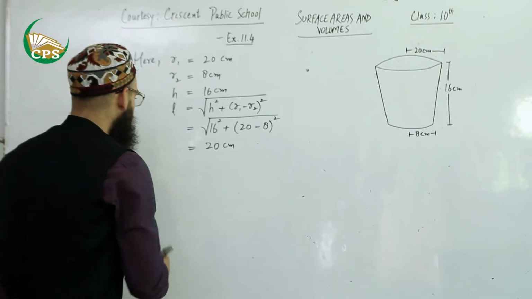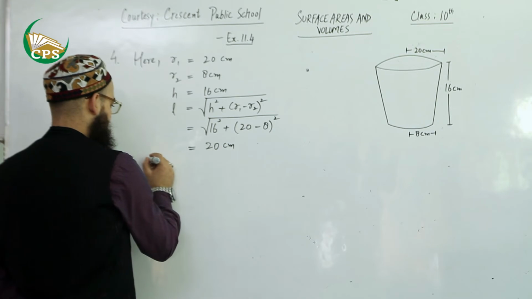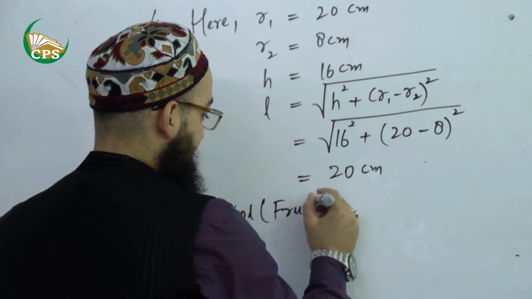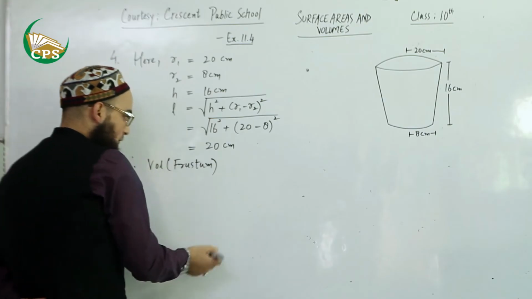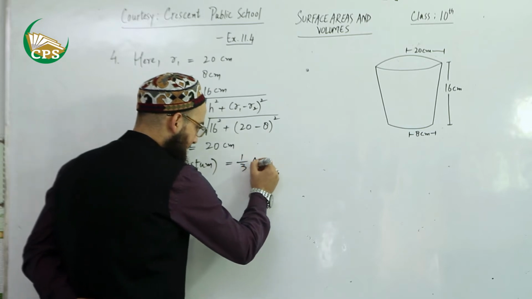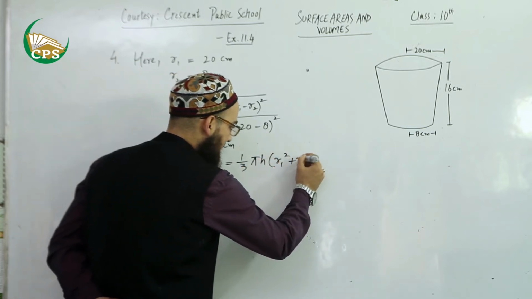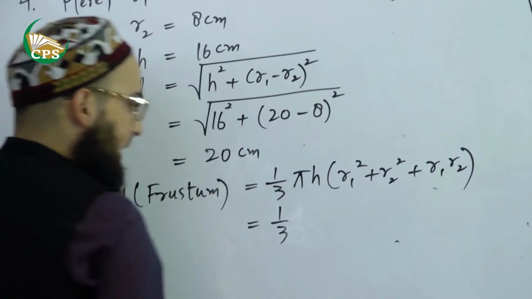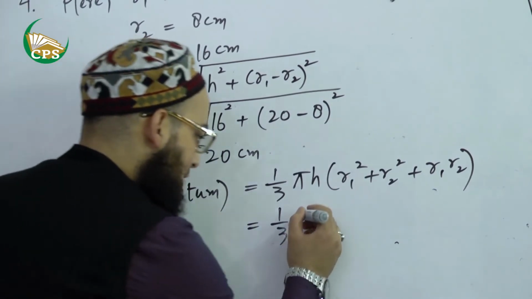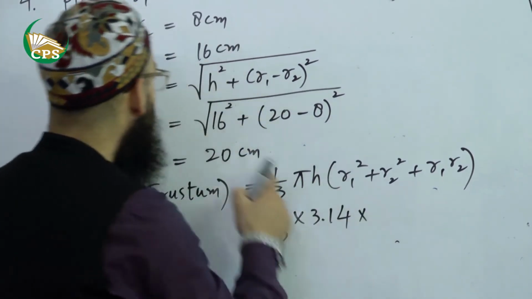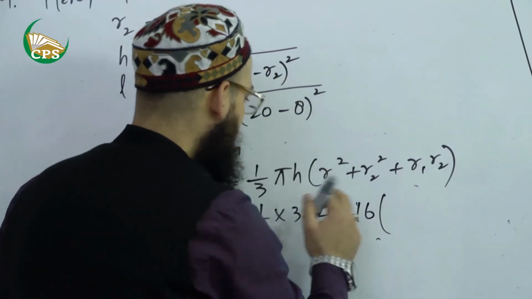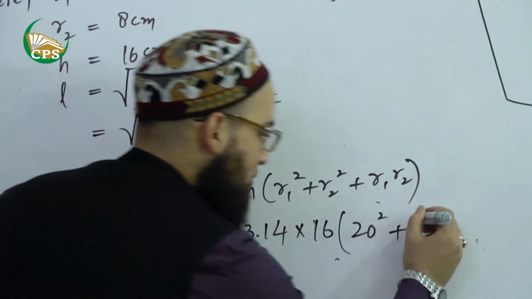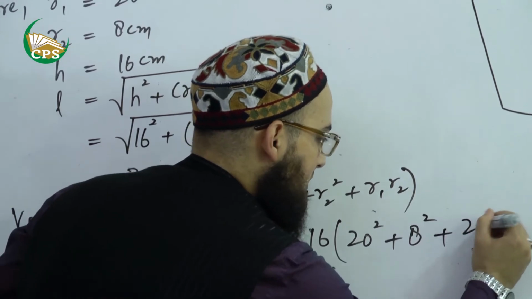Then we can find the volume. Therefore, volume of frustum. You know volume of frustum is 1 by 3 pi h times r1 square plus r2 square plus r1 r2. It says use pi is equal to 3.14, so times 3.14 times h is 16, then r1 is 20 square plus r2 is 8 square plus r1 r2.